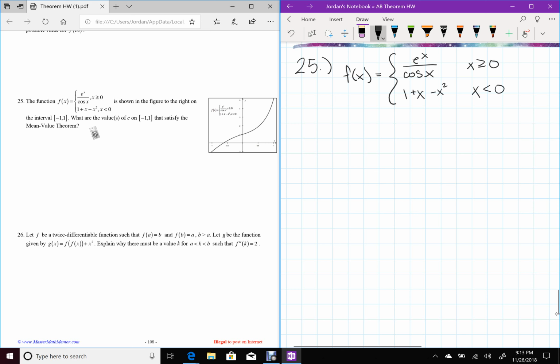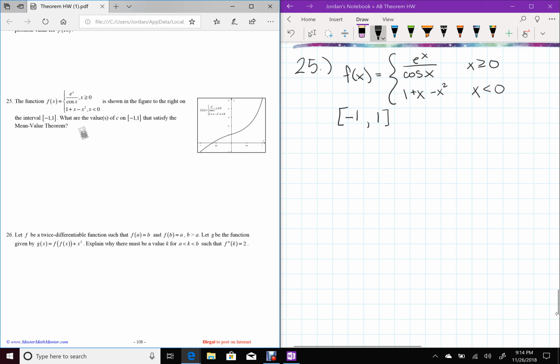Okay? And the interval they give us over here, they tell us that it can't be smaller than -1 really, and it can't be greater than 1. So our bounds, based on the graph, are -1 to 1. Also based on the picture, because it does tell us -1 to 1.